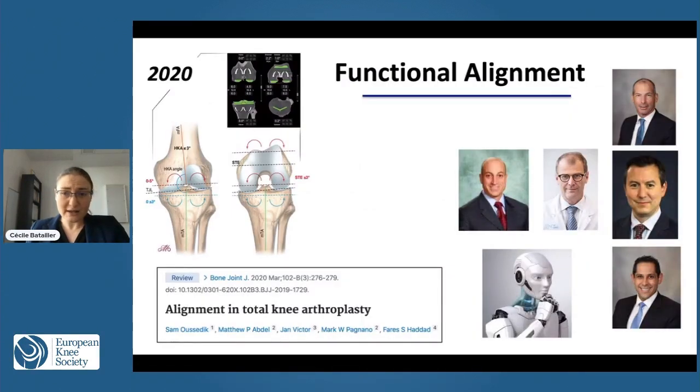Same for the functional alignment. It's an alignment described in 2020 by a team of great surgeons, and they describe an alignment that takes into account the three planes of space: the coronal, the sagittal, and the axial plane.